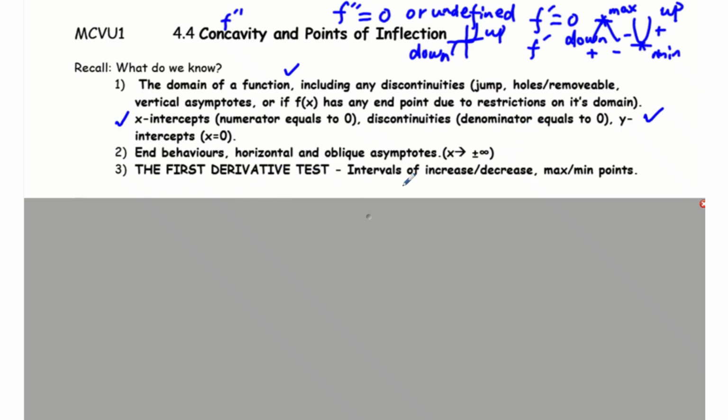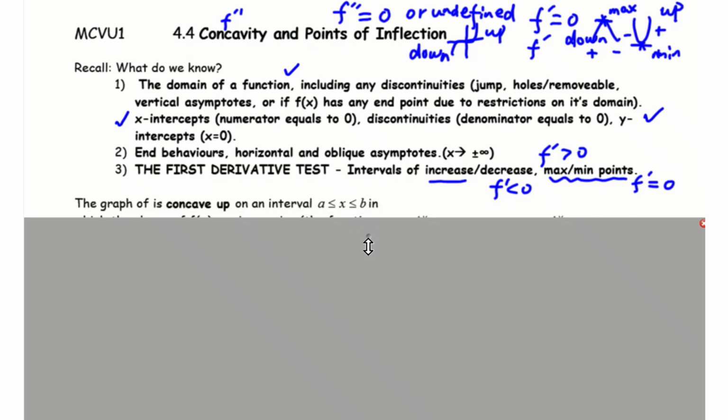So the first derivative test: f prime greater than 0 means increasing, less than 0 means decreasing, and at a maximum or minimum point f prime equals 0, but it may not be a maximum or minimum point unless f prime changes sign. So this is what we have known before. Then today we are going to discuss concavity.